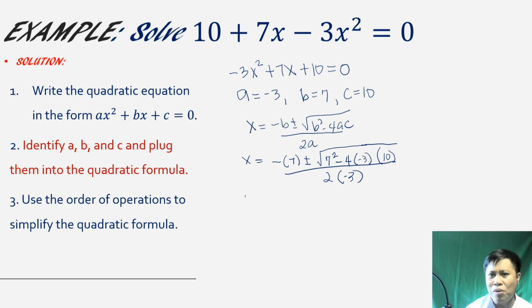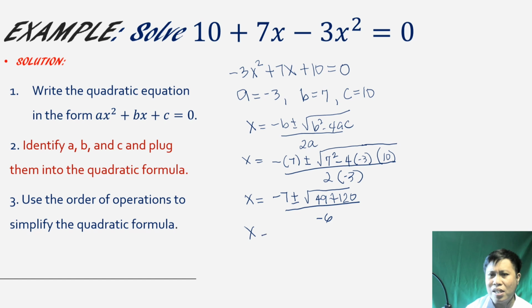So x now is equal to negative 7 plus minus square root of 49. 7 squared is 49. Negative 4 times negative 3 is positive 12 times 10 is 120. So divided by negative 6.